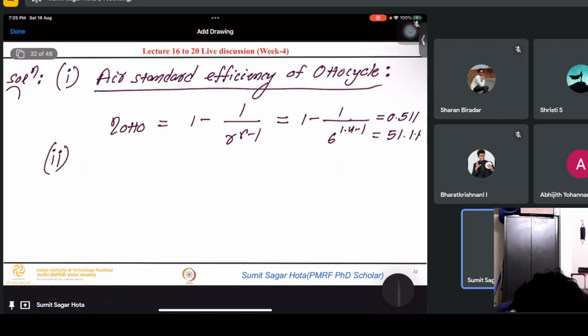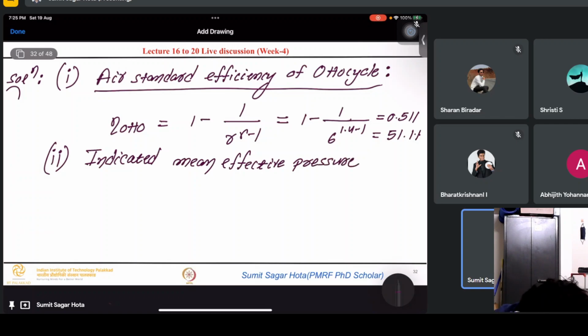Second, indicated mean effective pressure. What is indicated mean effective pressure? PMI.